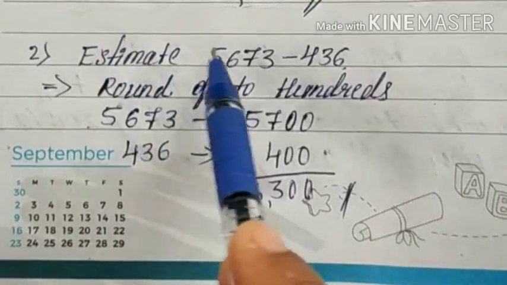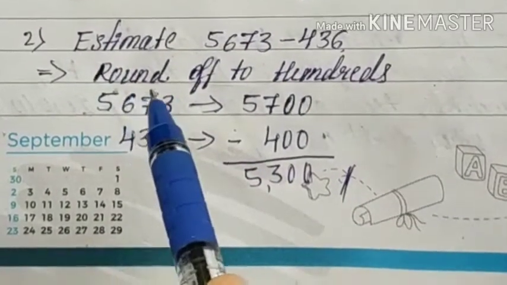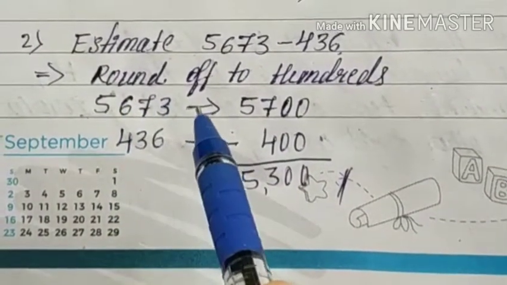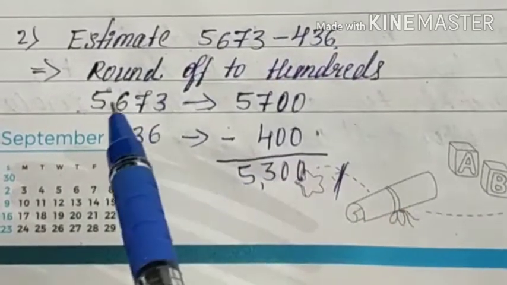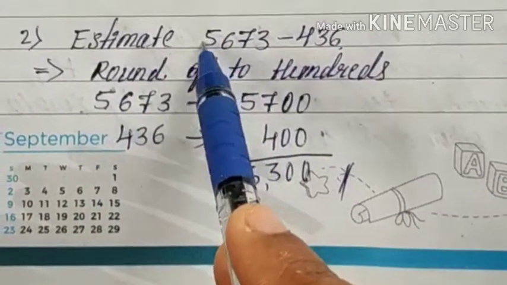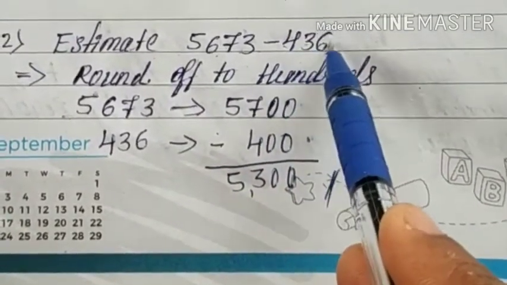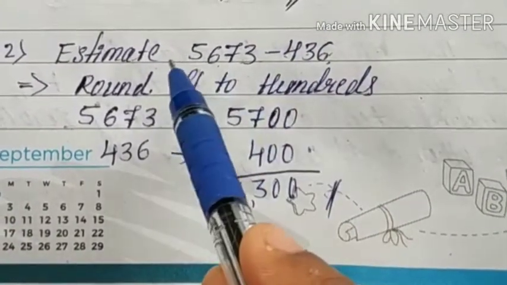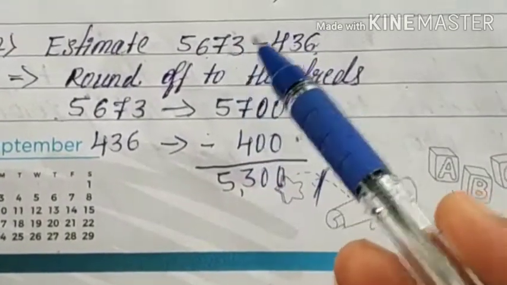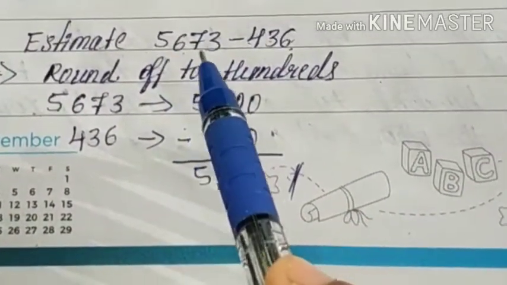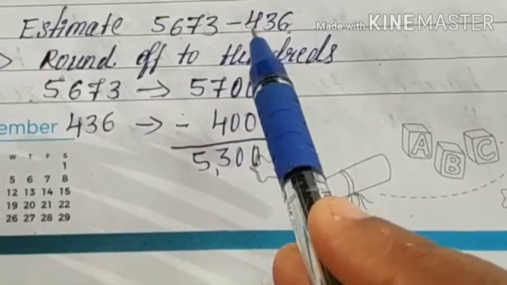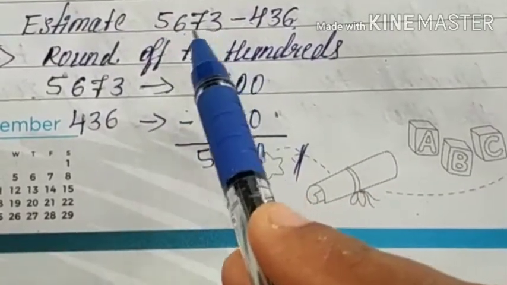In the difference also, it is the same as addition, but here you have to subtract these two numbers. Here 5,673 is there. Here 436 is there. This is hundreds, this is thousands. Both are different, but you have to see the digits. 3 digits are there, 4 digits are there, right?